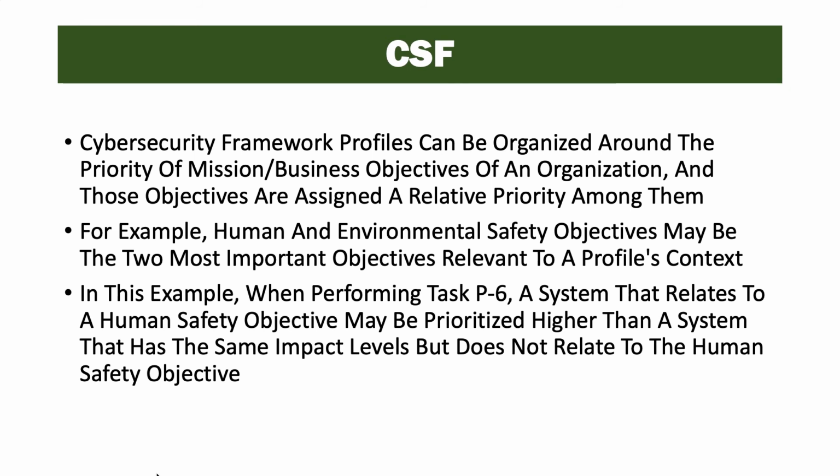Again, the big point of this task is to create the right level of categorizations and possibly even baselines to support those categorizations that give you the ability to implement control sets and process systems through the RMF according to their criticality and their risk levels as they relate to the organization.